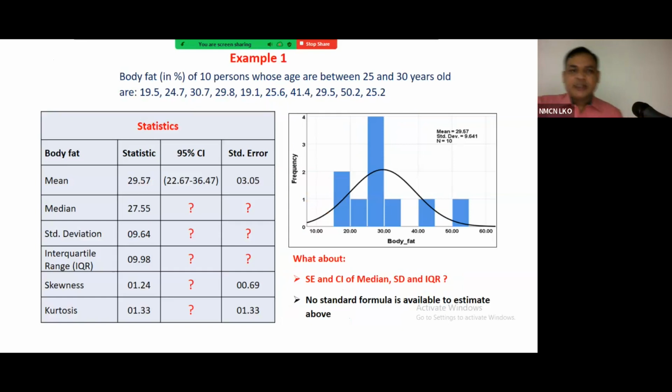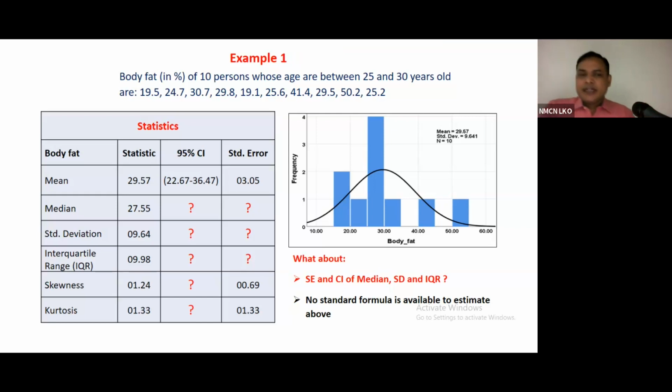Now here we have taken a numerical example. Suppose we have body fat percentage data of people whose ages are between 25 and 30 years. Initially we have this data. First, we checked the distribution of this data, and we found that the distribution is positively skewed.